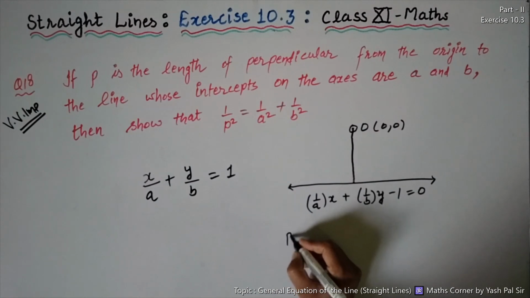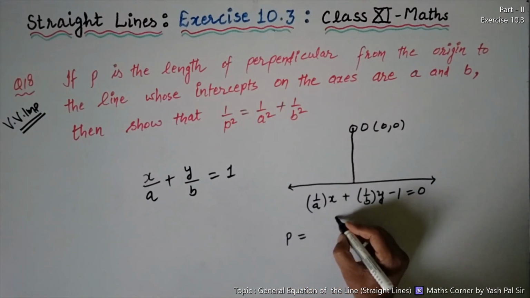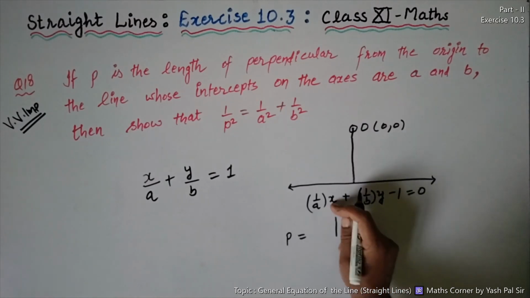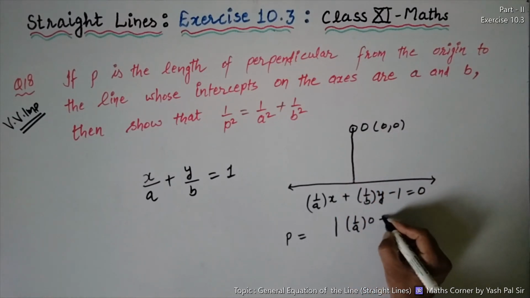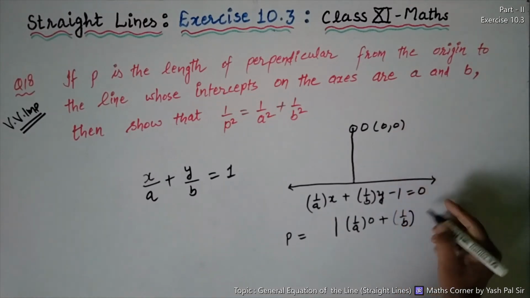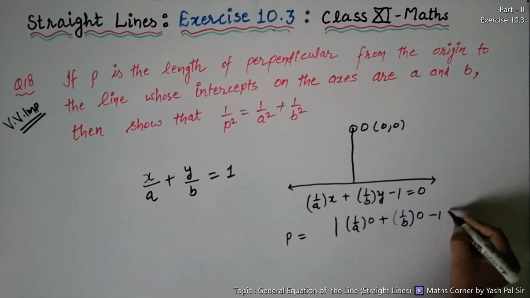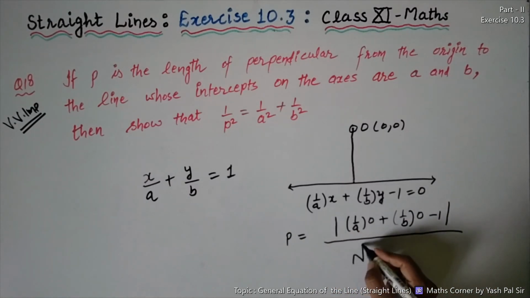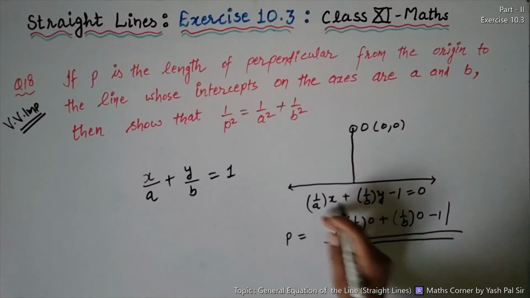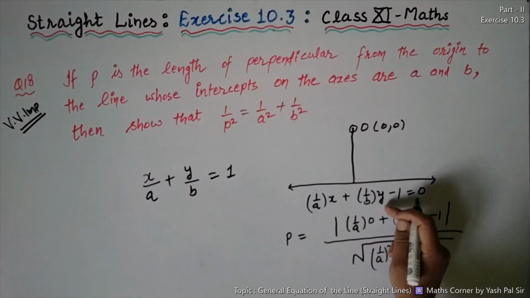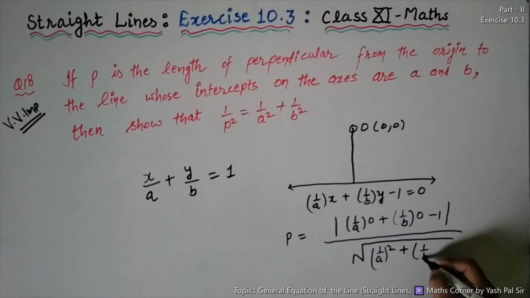This is P. So we write P is equal to modulus of 1 upon A, in place of x we write 0, plus 1 upon B, in place of y we write 0, minus 1, modulus closed, divided by square root of coefficient of x, which is 1 upon A, its whole square, plus coefficient of y, which is 1 upon B, its whole square.